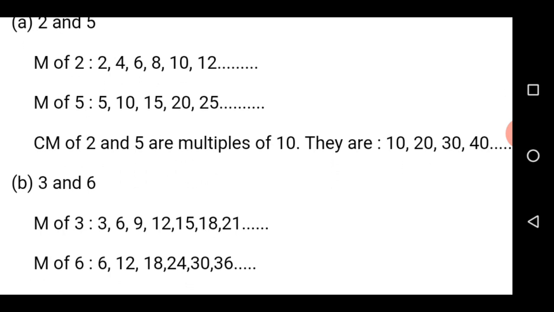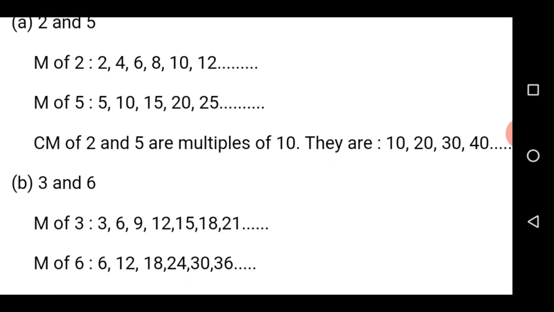Now, I use M to represent the word multiple. So M of 2, that is multiples of 2, are 2 times 1, 2, 2 times 2, 4, 2 times 3, 6, 2 times 4, 8, 2 times 5, 10, 2 times 6, 12, and so on.